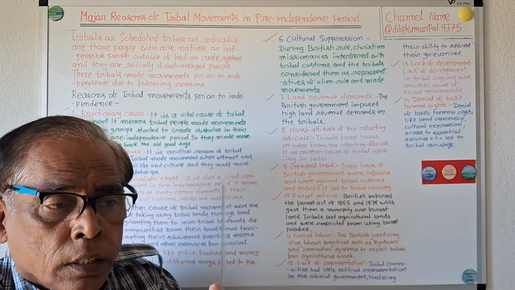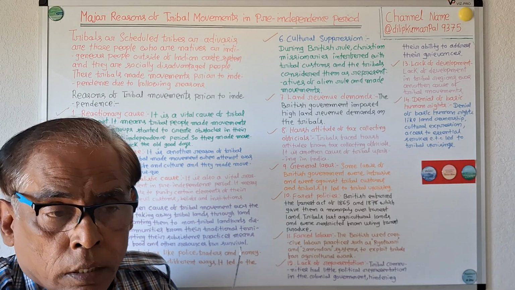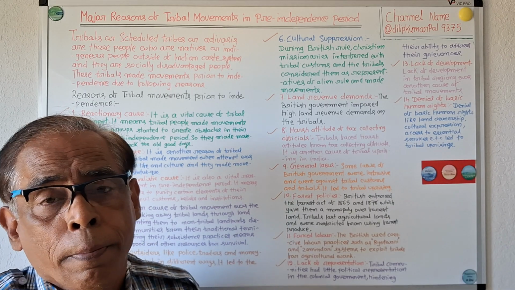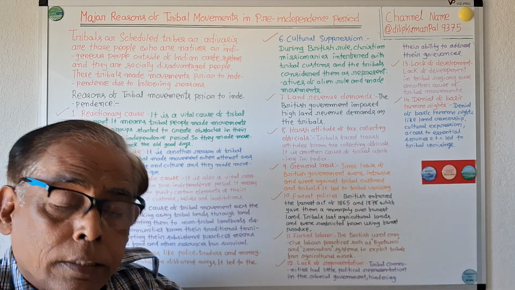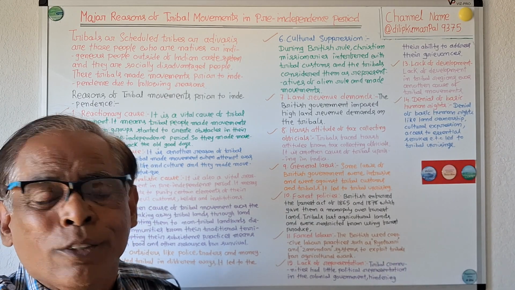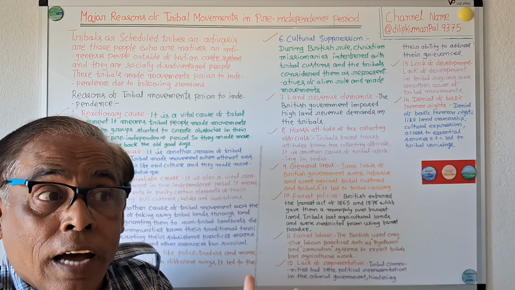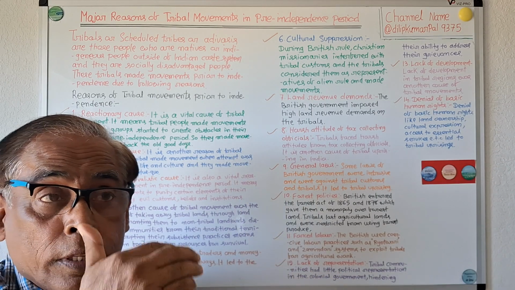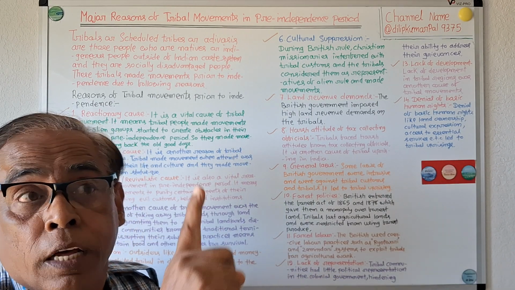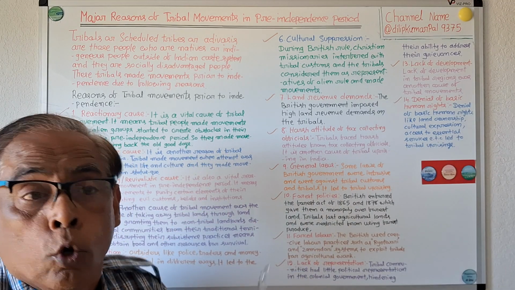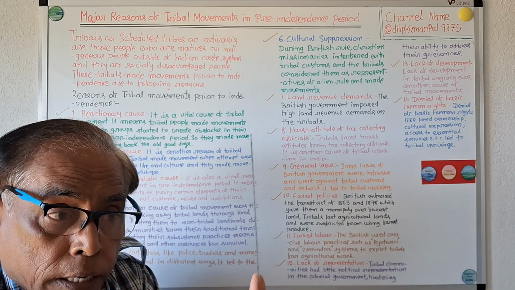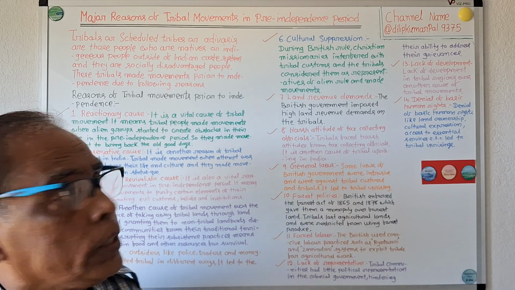Cultural suppression means Christian missionaries came to tribal areas and interfered in their culture and daily life. So tribals thought that these Christian missionaries were the representatives of the alien government, and they started movement to protect their culture from the interference of the Christian missionaries.